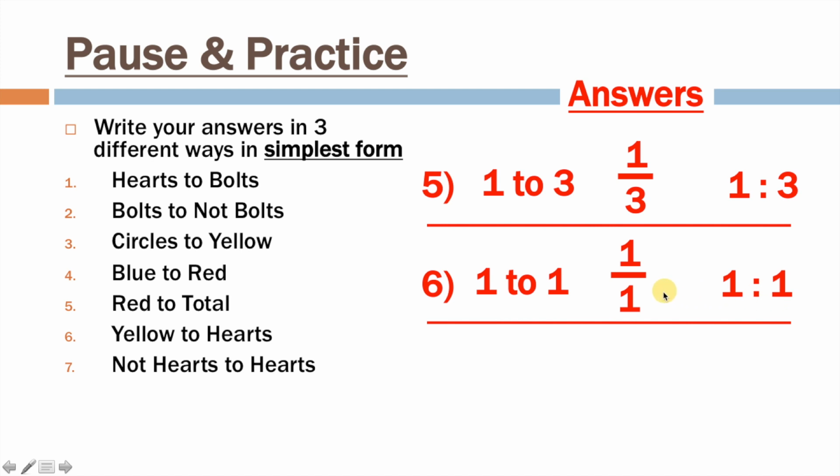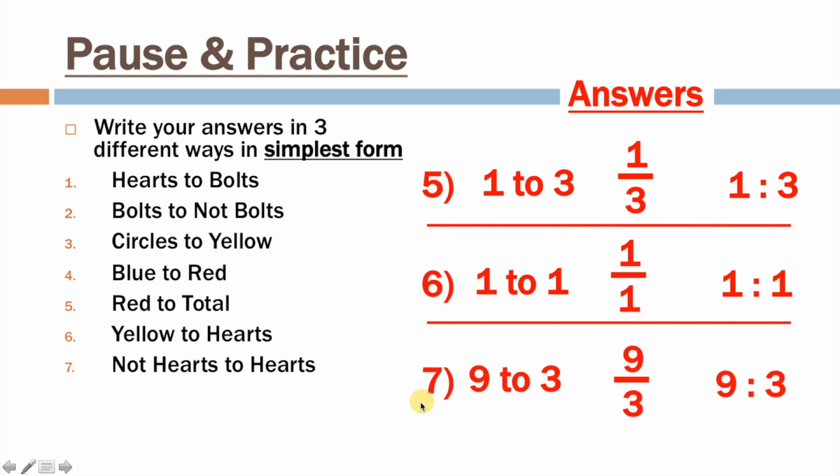Now, some of my students normally say, well, if it's 1 over 1, can't we just write 1 because 1 divided by 1 is 1, and that sounds very confusing. But remember, because we're talking about ratios, and ratios are a comparison of two numbers, we have to make sure that we always have two numbers in our ratio. Therefore, even as a fraction, we'll have to put a top and bottom number.